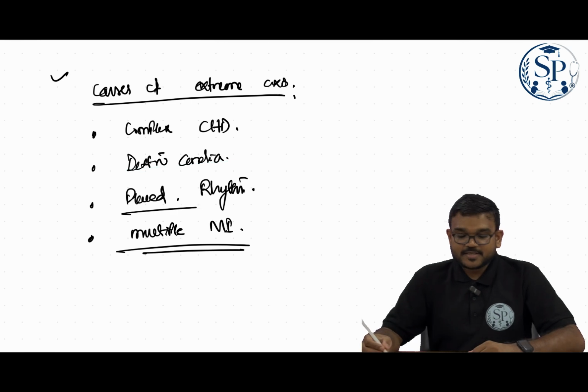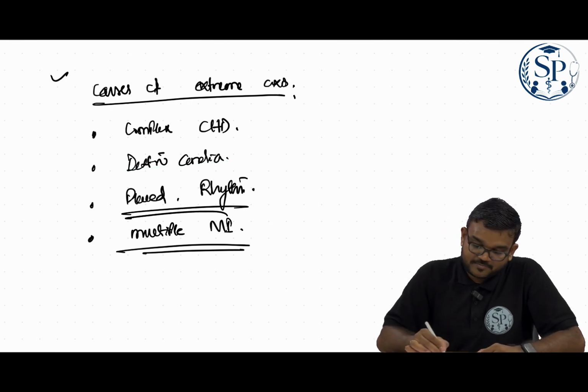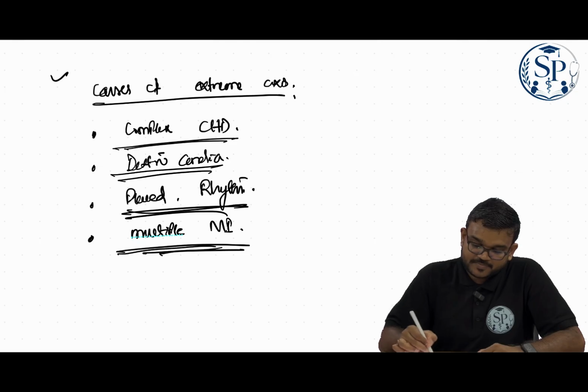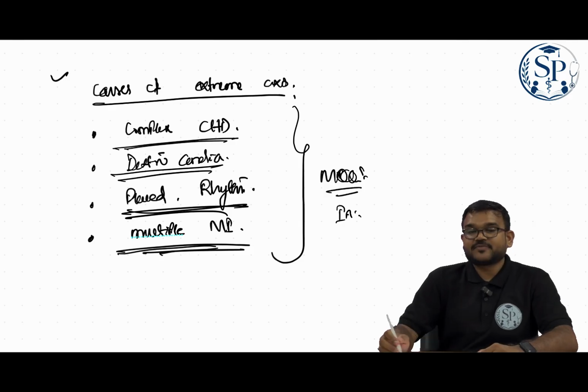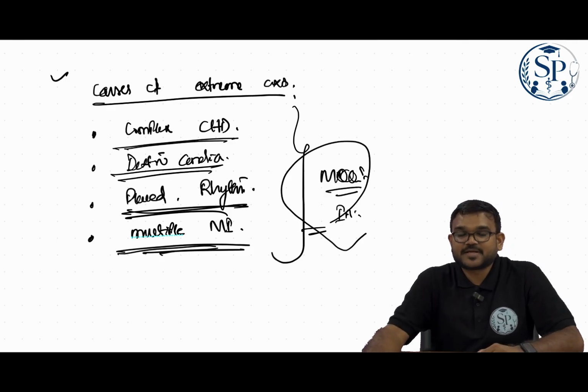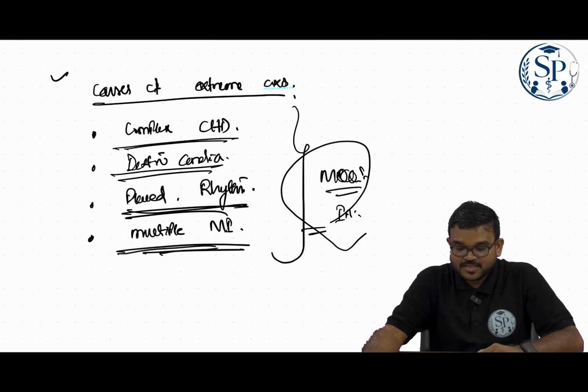Okay, so the causes of extreme axis are complex congenital heart disease, dextrocardia, paced rhythm, and multiple MI. These may come as an MCQ in INICET. So the various causes of left axis deviation, right axis deviation, and extreme axis deviation have been discussed. Okay.